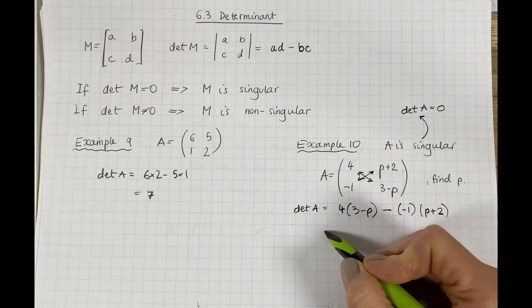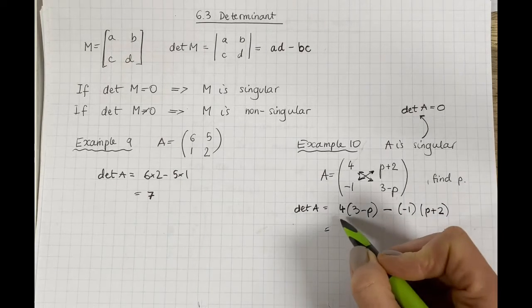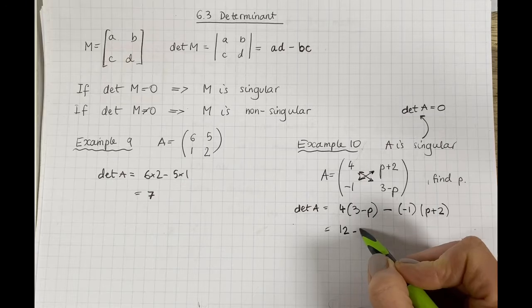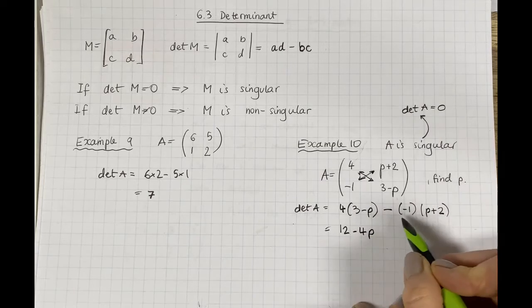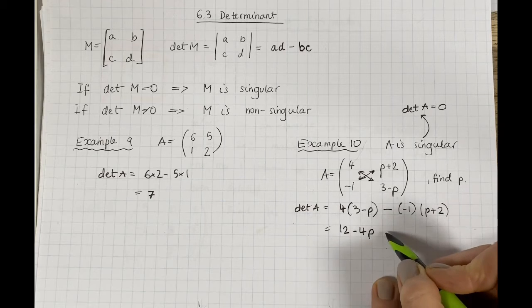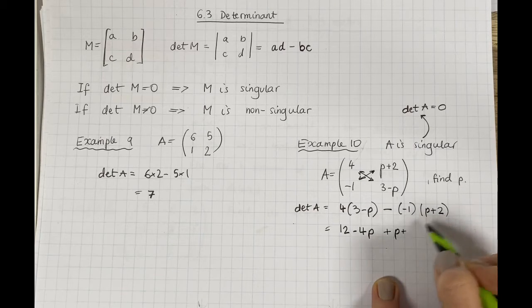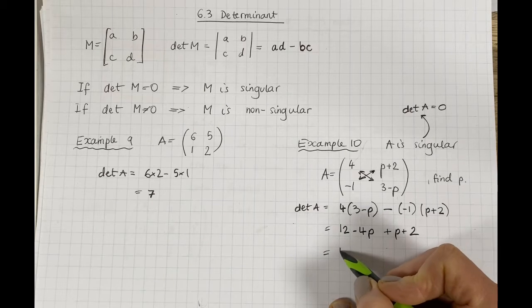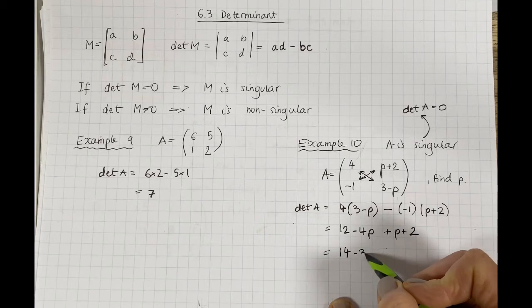Like I said before, always write it out like this. Multiplying these brackets out, you get 4 times 3, which is 12, minus 4 times P, which is 4P. Here we've got minus 1 times P plus 2, so it's going to be plus P, sorry, plus 2, not plus 1. So it's 14 minus 3P.